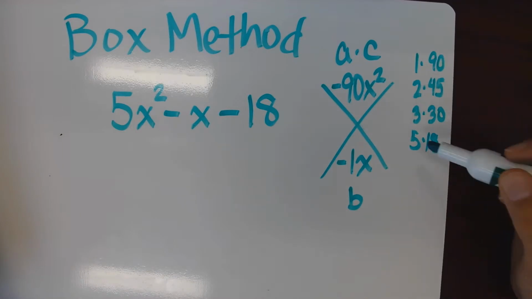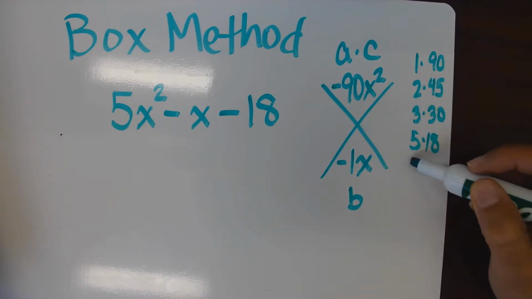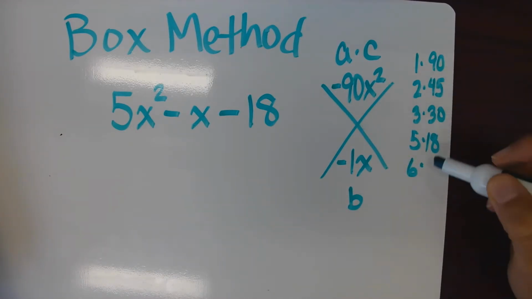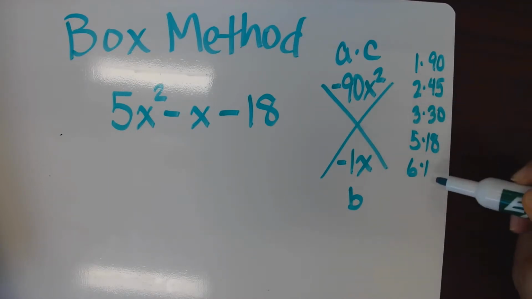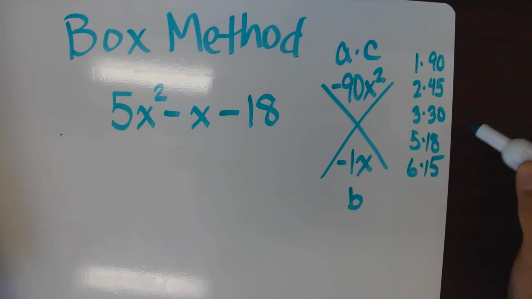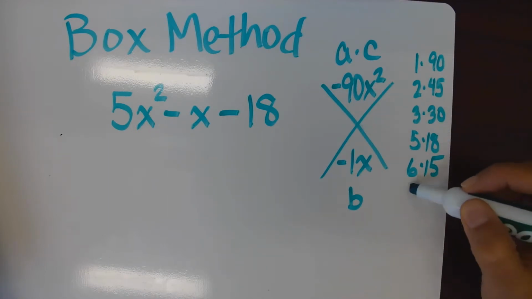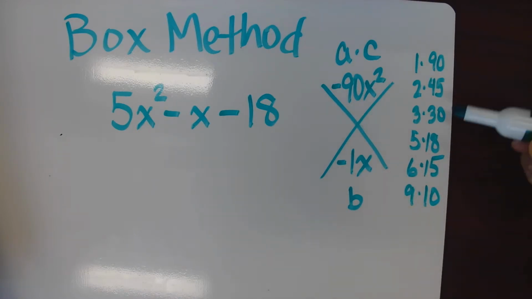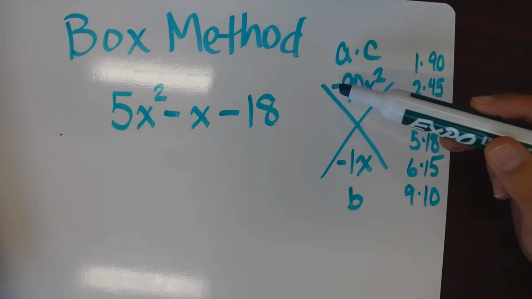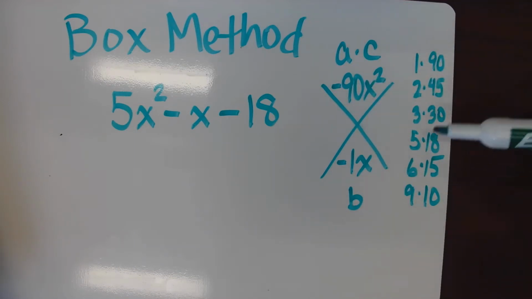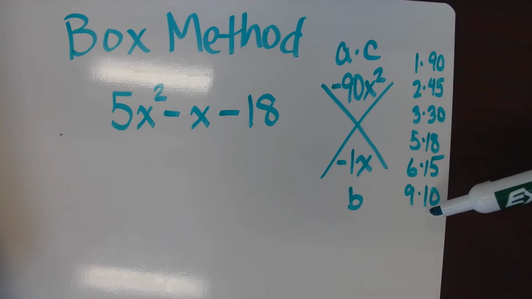Oh, we have 5 times 18. 6 can go into 90. 6 times 15. 7 can't go. 8 can't go. 9 can go. Okay, so I make this list of factors, and it has to multiply to be negative, which means one of these numbers will have to be a negative number.